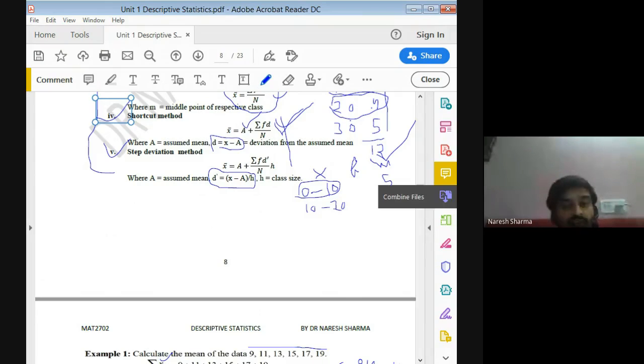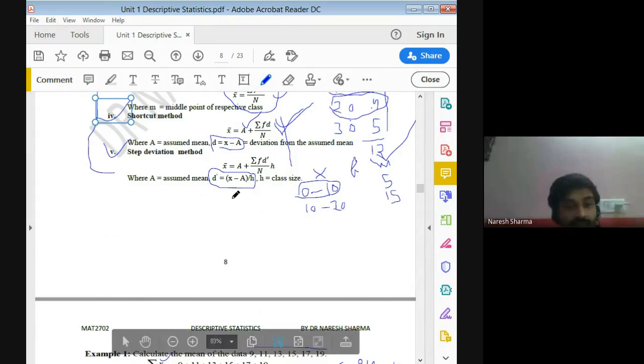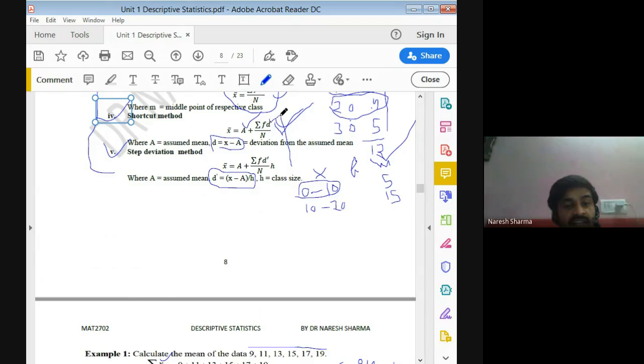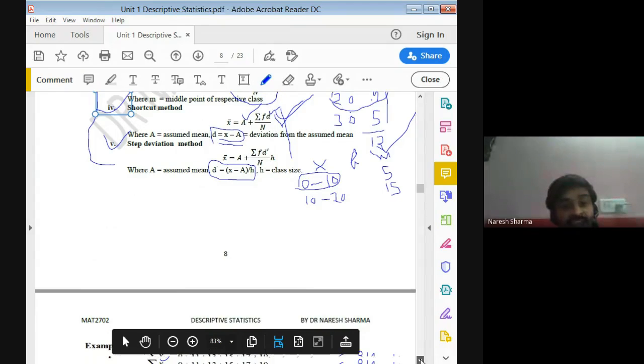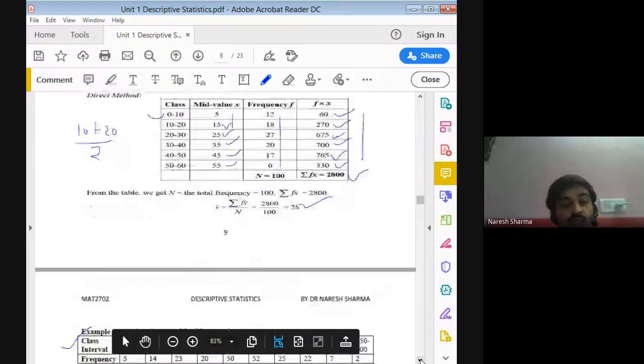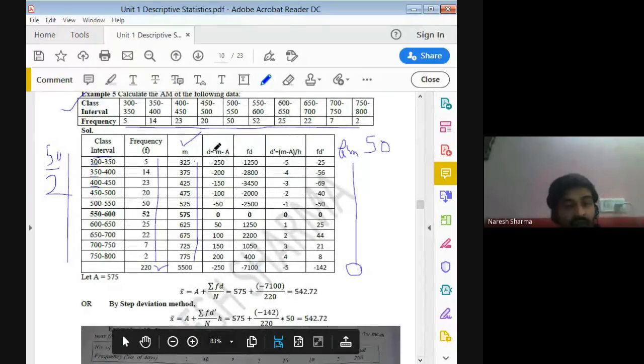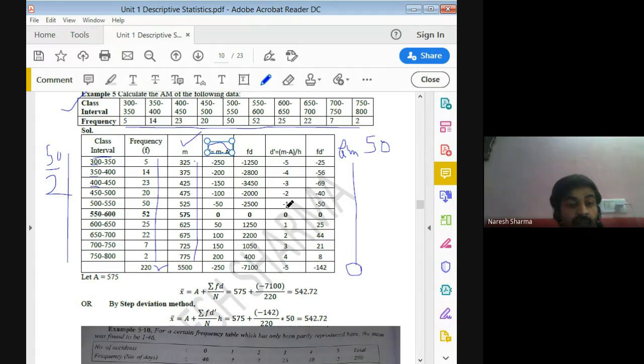In case of the shortcut method, that is x bar is equal to a plus summation f into d, and this d is the difference between x and a. But in our case, instead of x, we are using the midpoint. So we may use this difference d, that is m minus a.